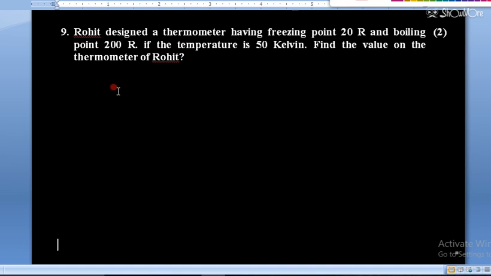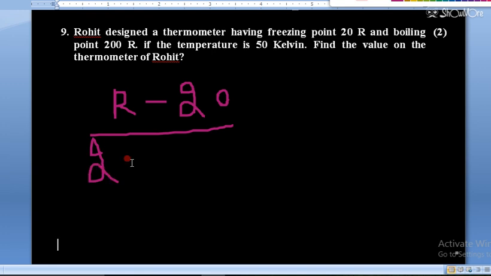Now the reading of Rohit's thermometer, I am writing, is R. So R minus freezing point 20, divided by boiling point 200 minus freezing point 20, is equal to, now going to the Kelvin scale, I think you all know this formula, the Kelvin scale reading is 50.